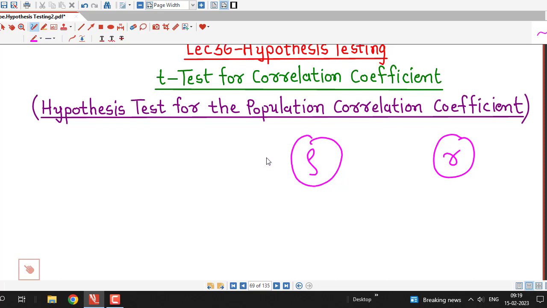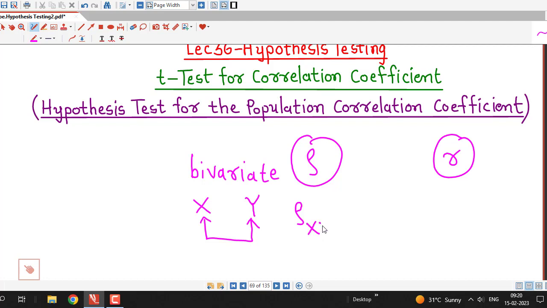Whenever we are talking about correlation, we always have two variables, say capital X and capital Y, under consideration. So in this case, our population will be a bivariate population and we want to check whether there is any correlation between these two variables. For that, the corresponding measure is the population correlation coefficient.